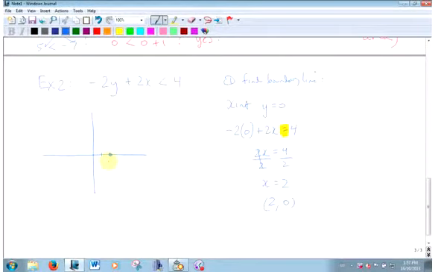Let's find the other intercept. The y-intercept, I know x is 0. So substitute x is 0 in the equation. Just treat it like an equal sign. Negative 2y is 4. Divide by negative 2.